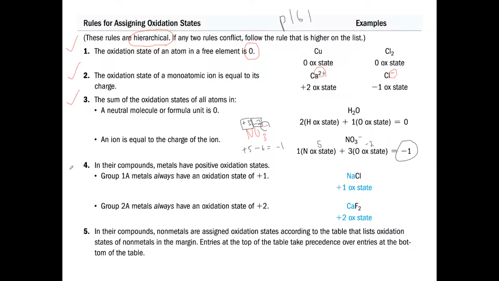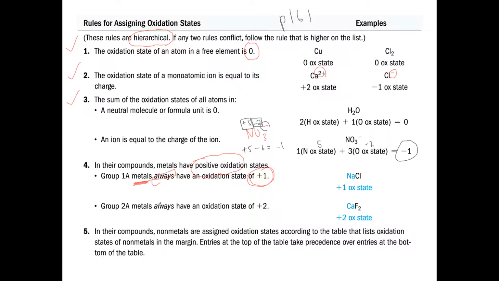Now, in their compounds, metals have positive oxidation states. This is rule number 4. By the way, these first 4 rules are really never broken. Group 1A metals always have an oxidation state of +1.